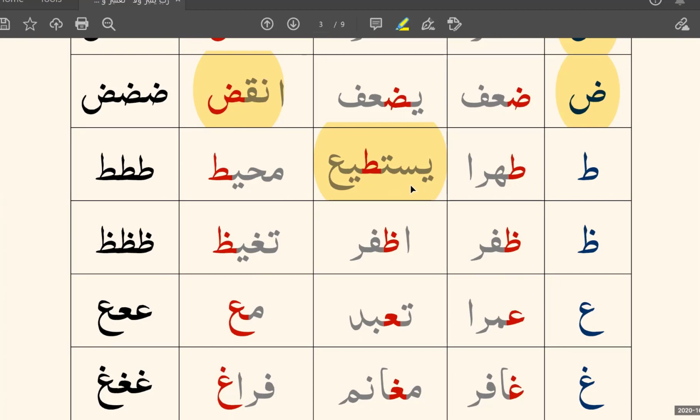Once more this line, this column, number 3. Ya, Ya, Sin, Ta, Ta, Ya, Ain, yeah, good, Mim, Ha, Ya, Ta, well done. Okay, that's fine, good.